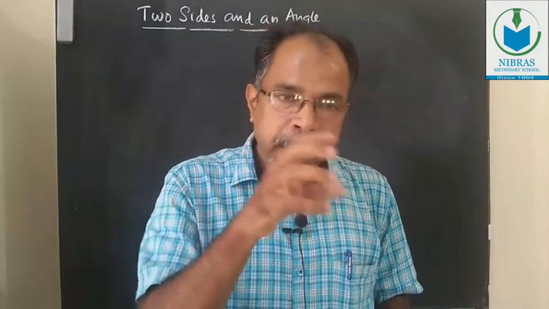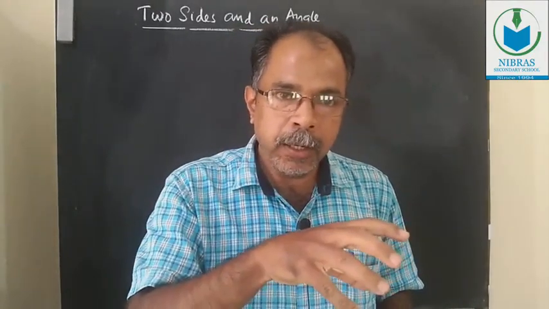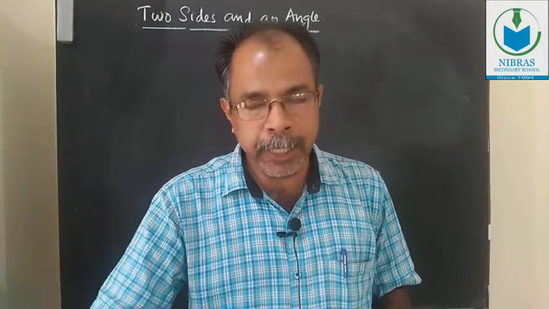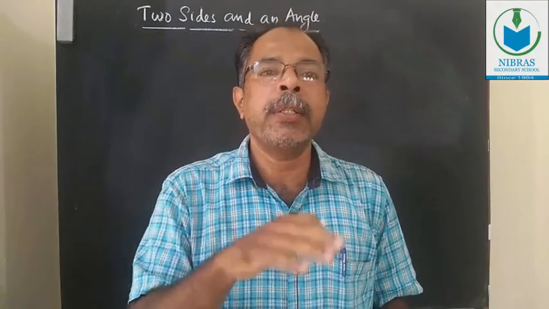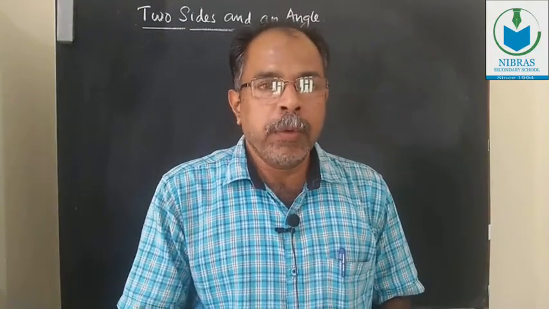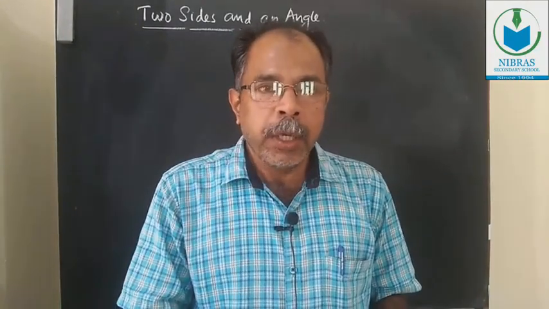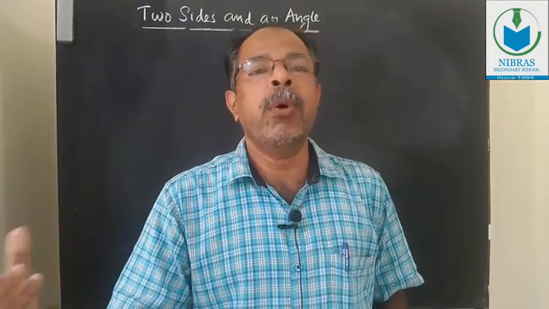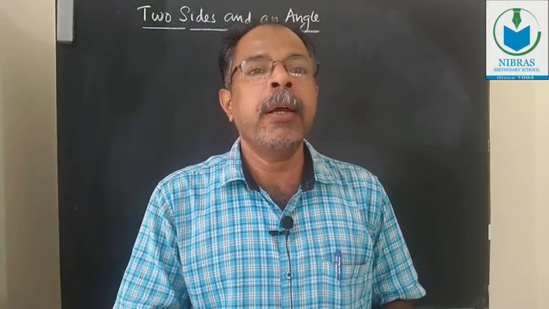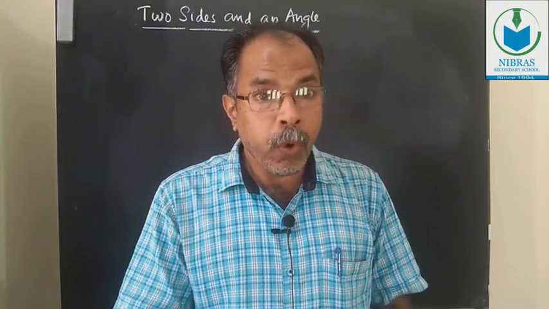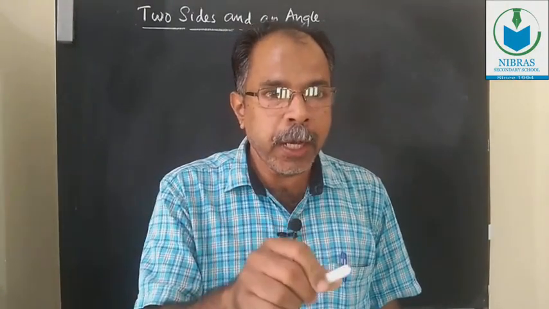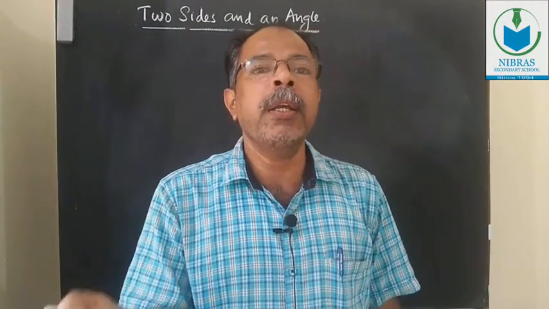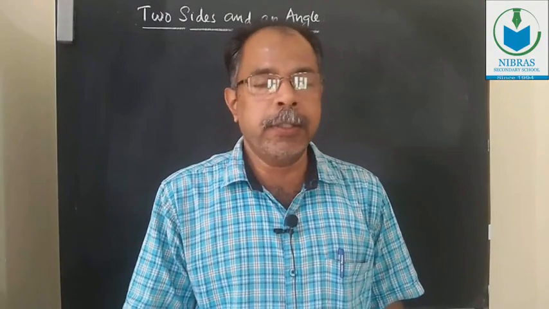If the three sides of one triangle are equal to the three sides of the second triangle, the two triangles are equal. The point we learned is, if the three sides of a triangle are equal to the three sides of another triangle, then the angles opposite to these sides are also equal. These two triangles are equal triangles.